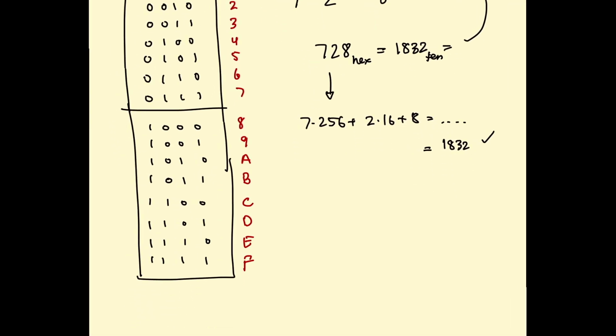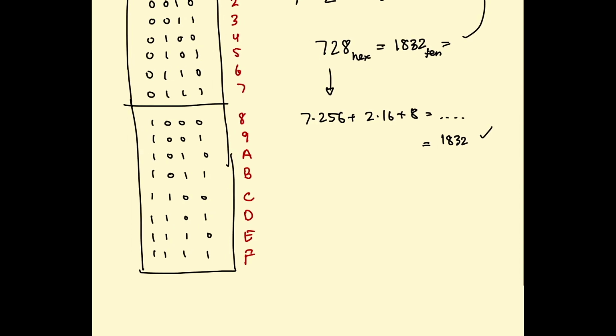Let's suppose that I have the hexadecimal number AF. This is a big number. It's big AF. You guys see what I did there, right? So what is this? This is A times 16 plus F times 1.